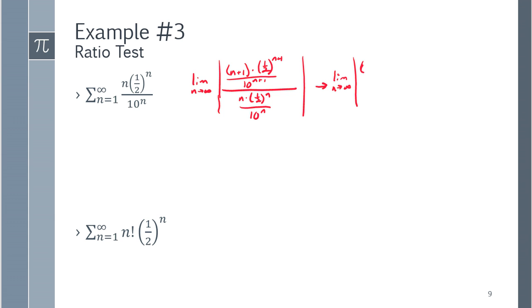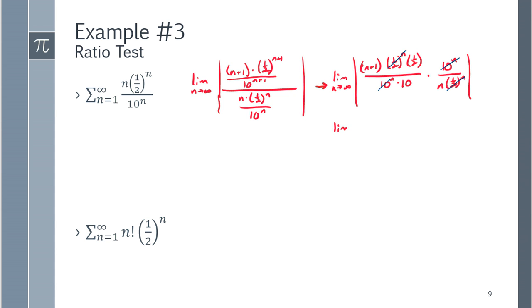I have n plus 1. 1/2 to the n plus 1 is the same as 1/2 to the n times 1/2 to the first. 10 to the n plus 1 is the same as 10 to the n times 10 to the first. And then I'm dividing by fractions, so it's the same as multiplying by a reciprocal. And I can see then that a 10 to the n will cancel, 1/2 to the n will cancel.